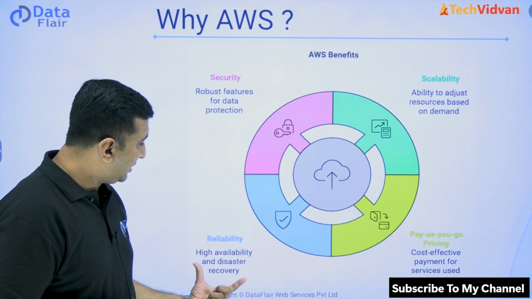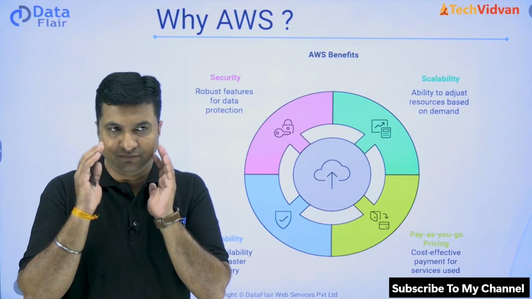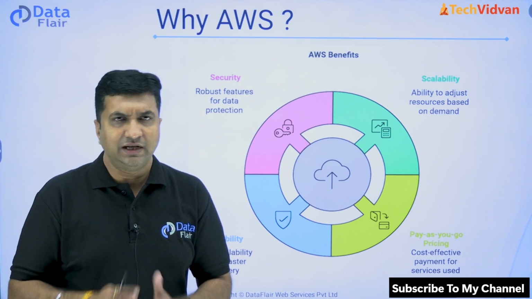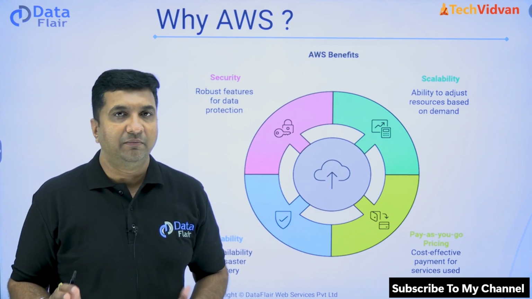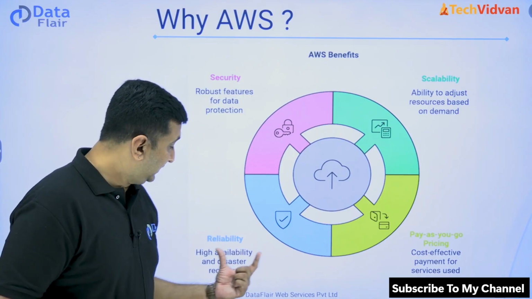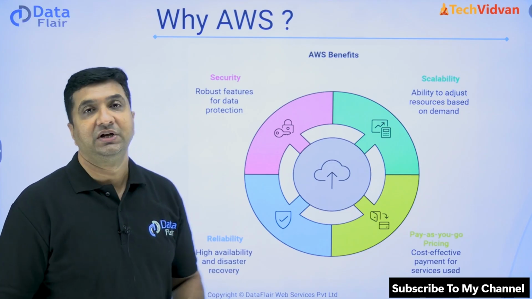Then we can talk about the reliability. As I've already told you, if the platform is not reliable, then no organization will be interested in that platform. Why? Because they want reliability in terms of high availability and disaster recovery.